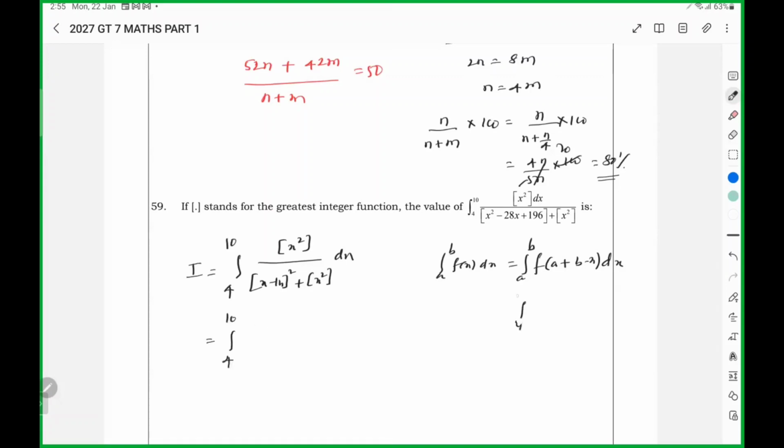It is 14 minus 6 whole square by, 14 minus 6 minus 14 get cancelled.